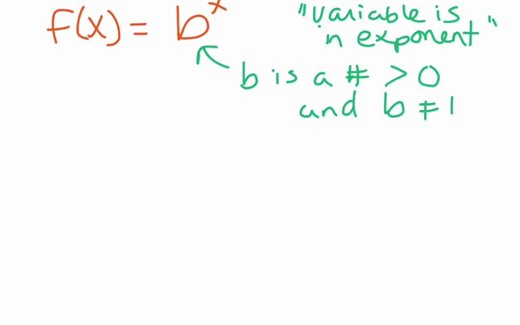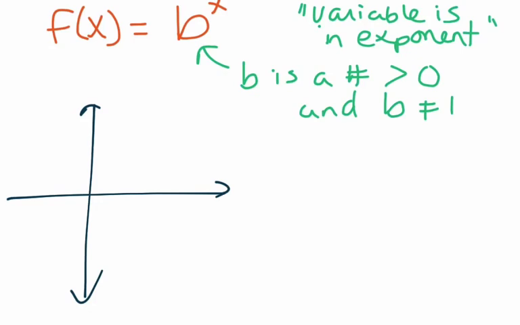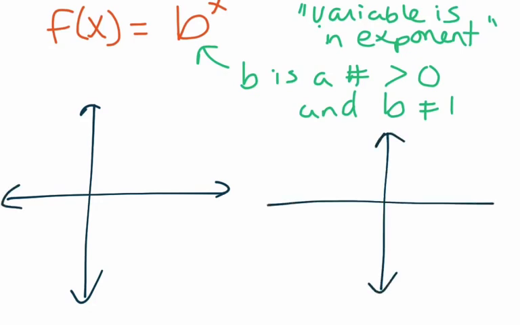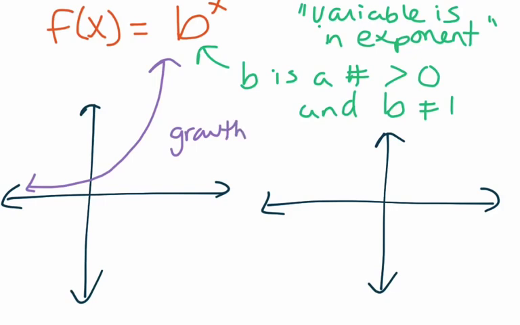Now, what do they look like? That's kind of your parent function right there. There's two main ways that you can see your exponential graphs. One is like this, and this is called exponential growth. The idea is that it starts off very gradually.